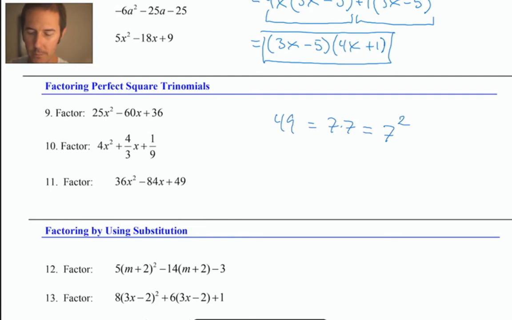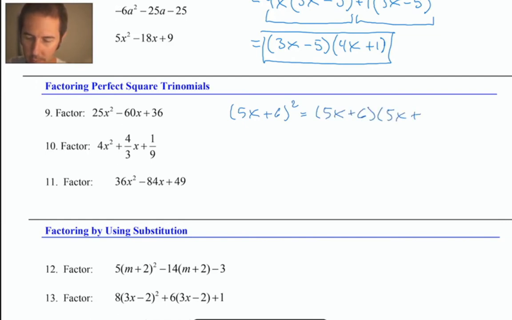Now, if it's a perfect square trinomial, then again, it must be the result of having squared something. And this one is. Look at this. If I take 5x plus 6 and I square it, then I get 5x plus 6 times 5x plus 6.